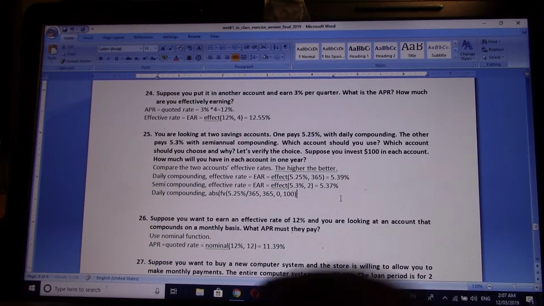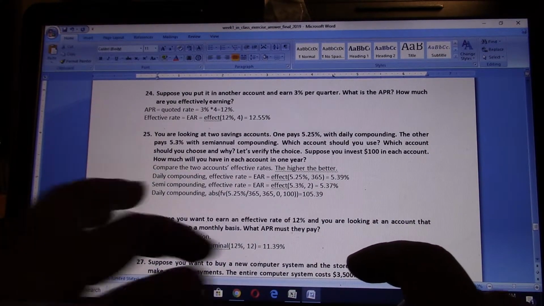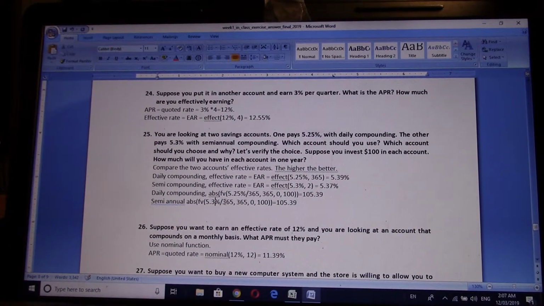It should equal 105.39. If it's semi-annual, it's 5.3% divided by 2, and 2 times in a year. If you do this calculation, that should be your answer.